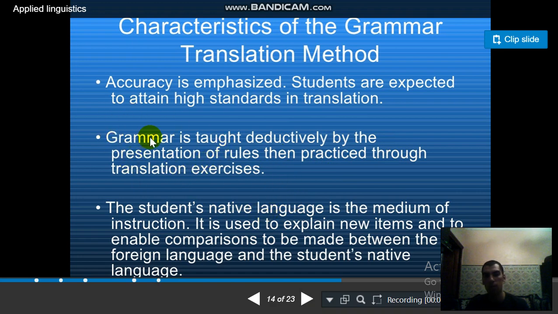Inductive grammar teaching, on the other hand, lets the students figure out the rules themselves.